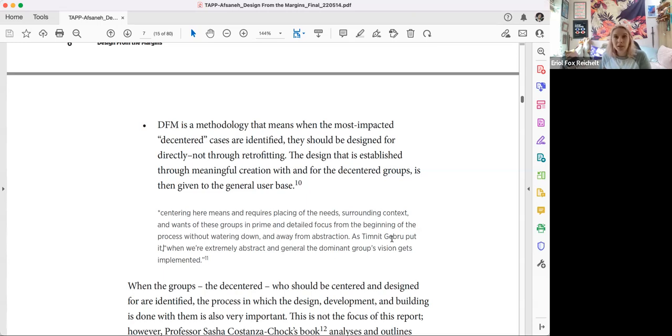But I think there's a step before that where we are going to struggle to not be abstract until we have more clear knowledge of how to identify decentered, and they do go into that, but I'm not quite sure how to recognize a decentered group for whatever you're doing.